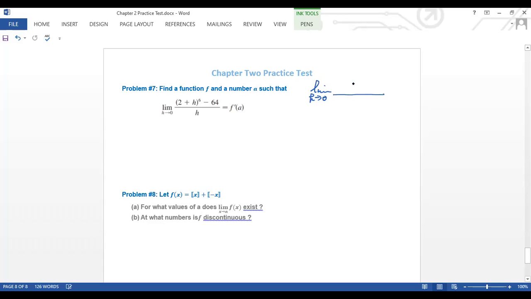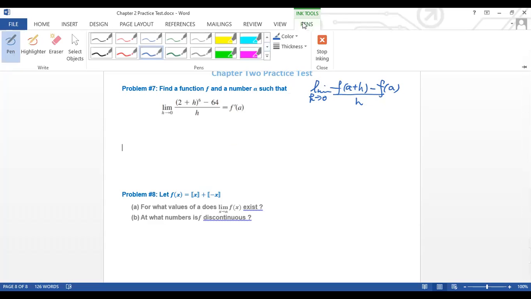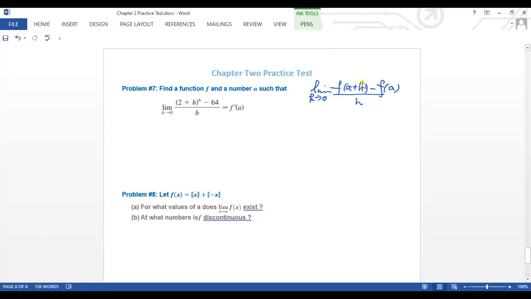This is our definition, right? So this is f of a plus h minus f of a, over h. So compare to the definition, right? So compare to the definition. So this is a plus h, right? So a plus h. So what is the a here? This is a plus h.